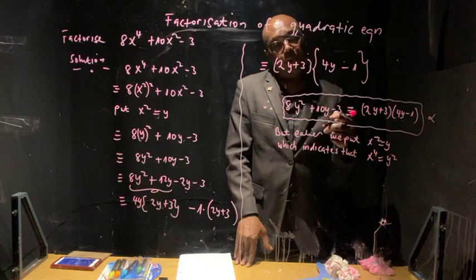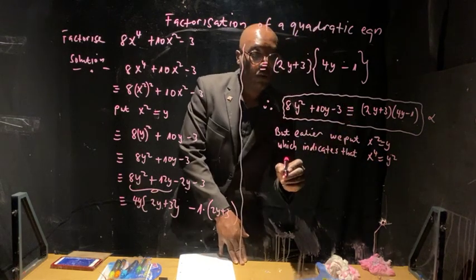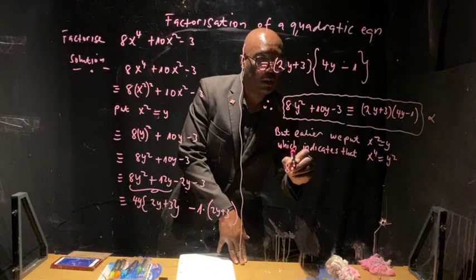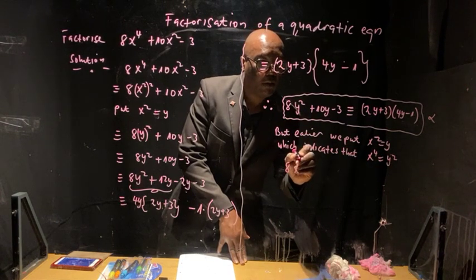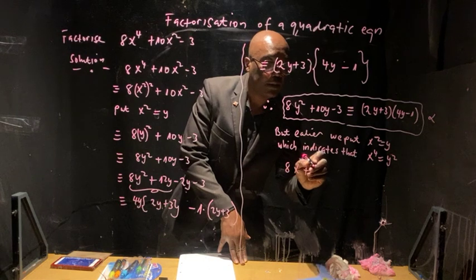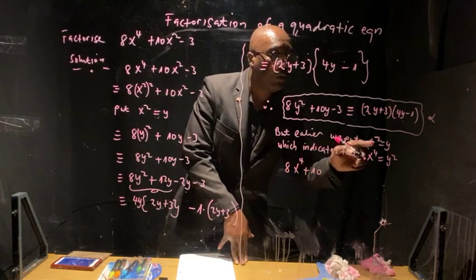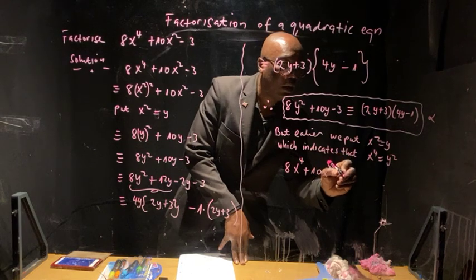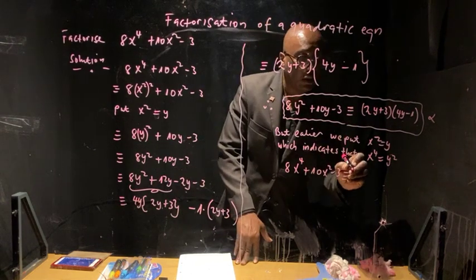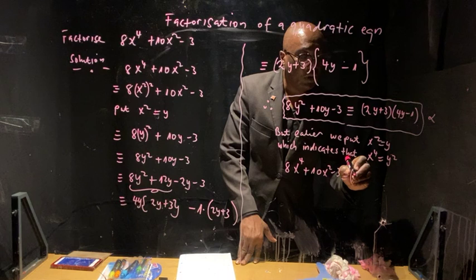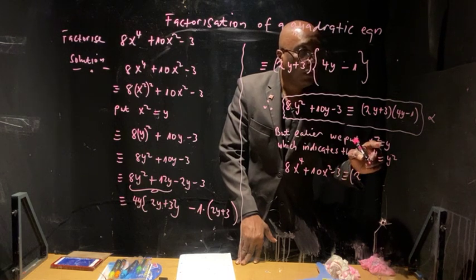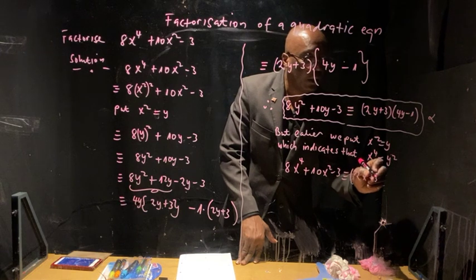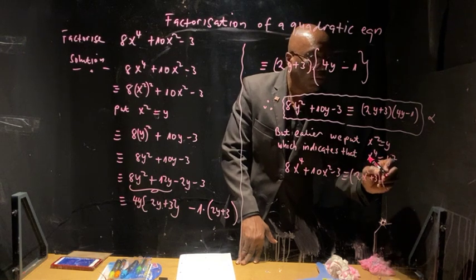Putting them back into equation alpha, we'll have 8 times x raised to the power 4 plus 10 x squared minus 3. What is y? y is equals to x squared plus 3 in the first bracket.